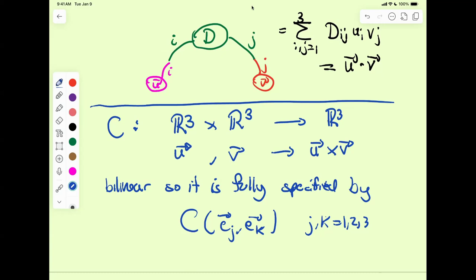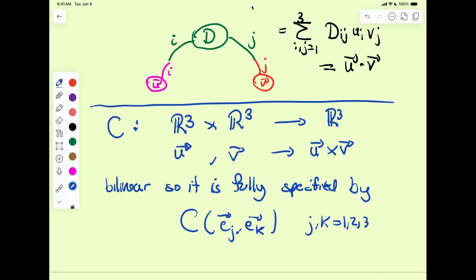Now, my point is that because this is bilinear, this is a tensor. So you can find the tensor entries of the cross product. But here you have to be a bit more careful, because this represents the cross product between e_j and e_k. So this is actually a vector, not a number.